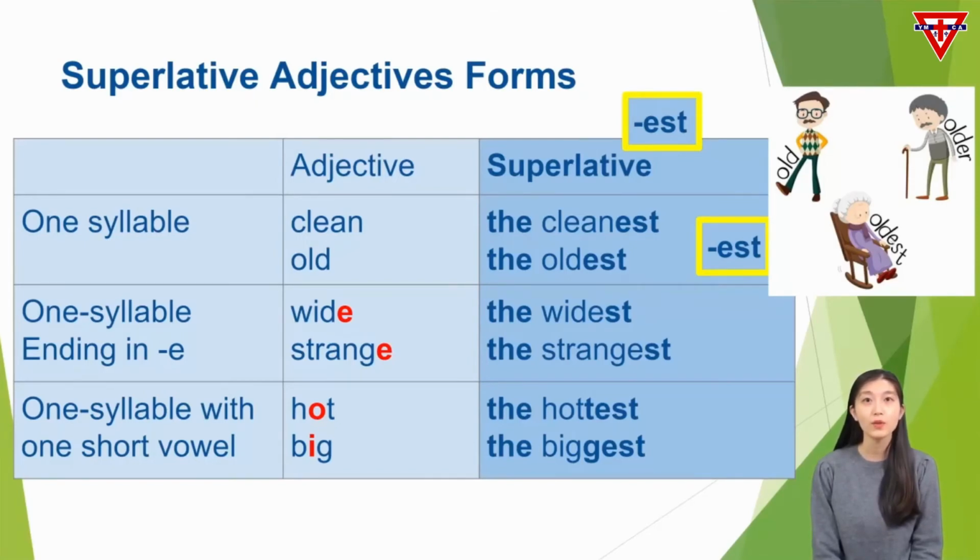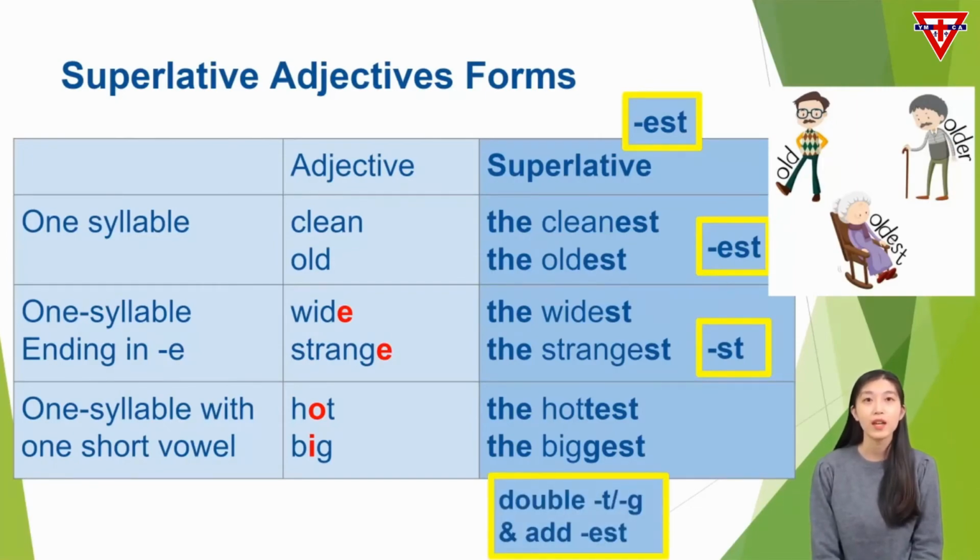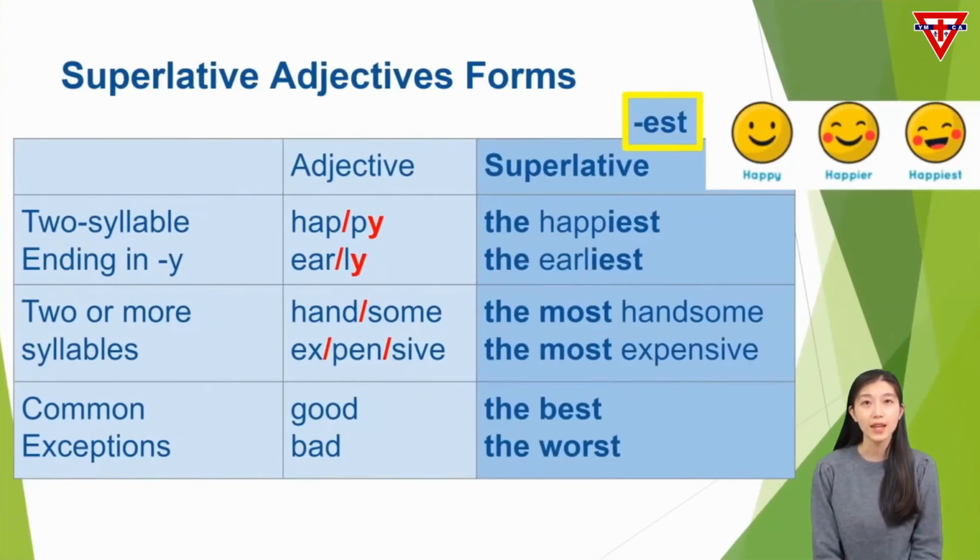So now you should be able to tell the differences between the comparative forms and the superlative forms. Also, if it changes into 2-syllable words, most patterns also apply for superlatives. And it's more or less the same.